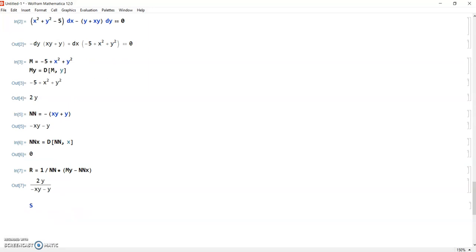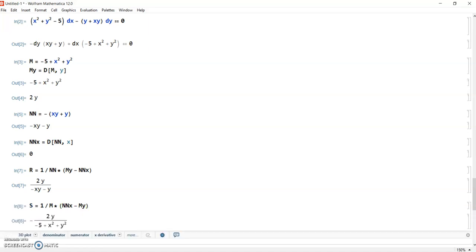S is equal to 1 over M times (Nx minus My). Oh, this is even more complicated.